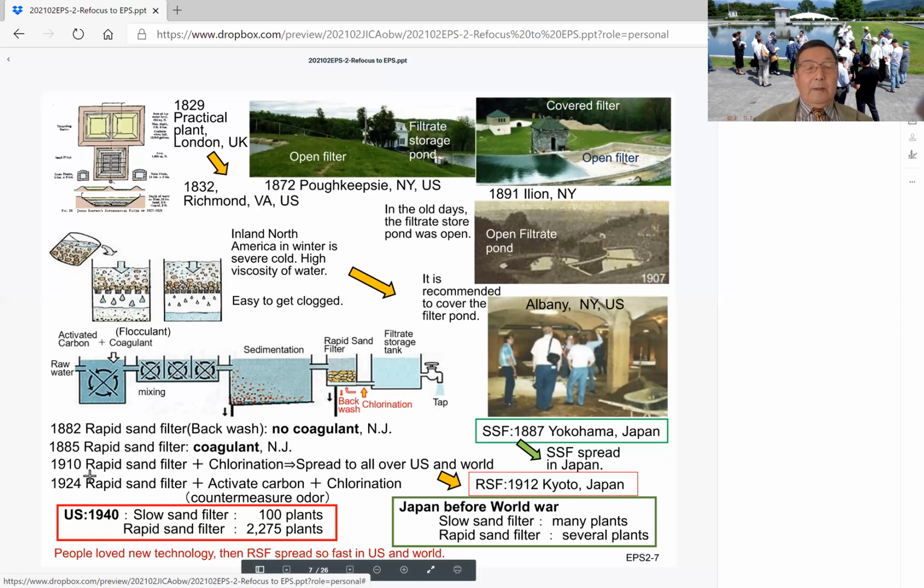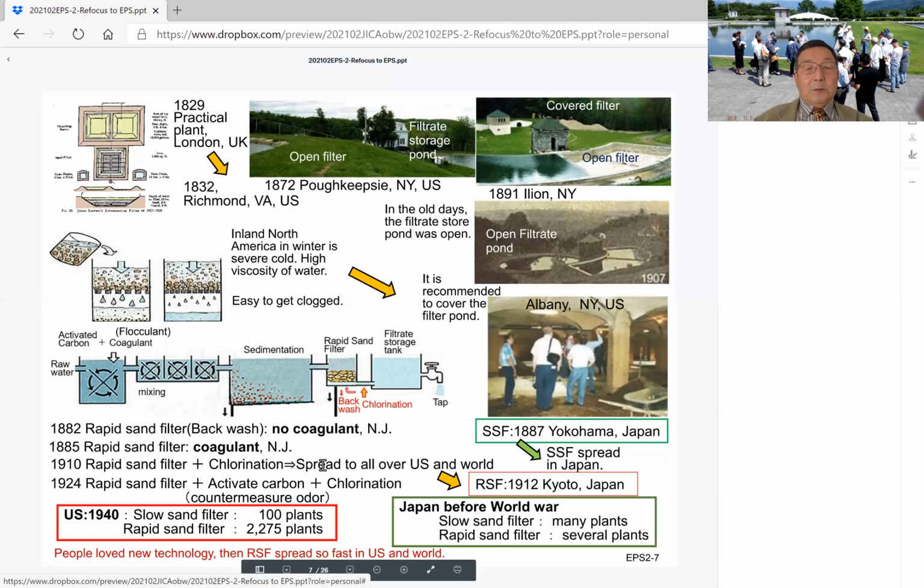Rapid sand, and then rapid sand and chlorination. Some bacteria leak through, therefore chlorination was added. So it becomes a safer water, germ-free water, by the chlorination.